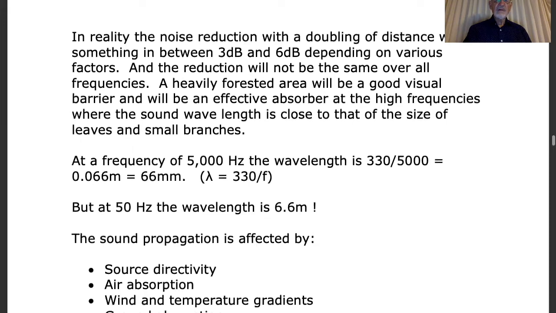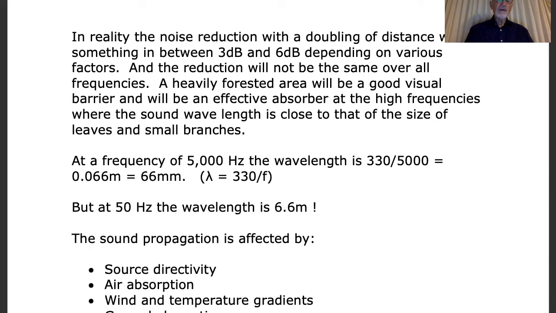The other thing I wanted to point out is absorption. Heavily forested areas are a good visual barrier, and they are an effective absorber at high frequencies. And we already looked at the relationship between frequency and wavelength.